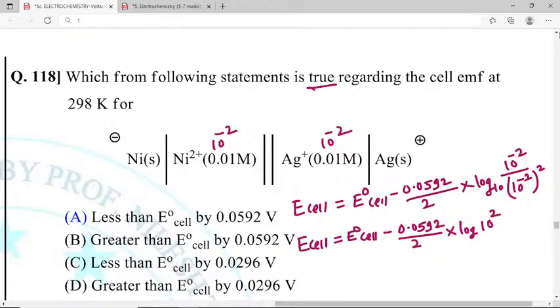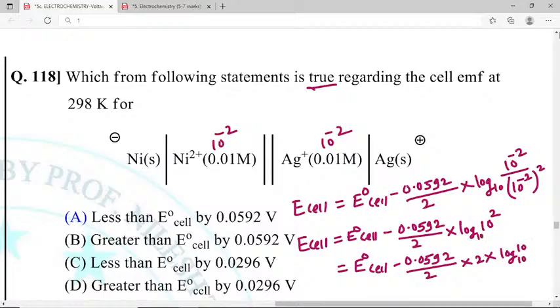So E cell is minus 0.0592 divided by 2, use the log rule, 2 multiplied by log 10 to base 10.